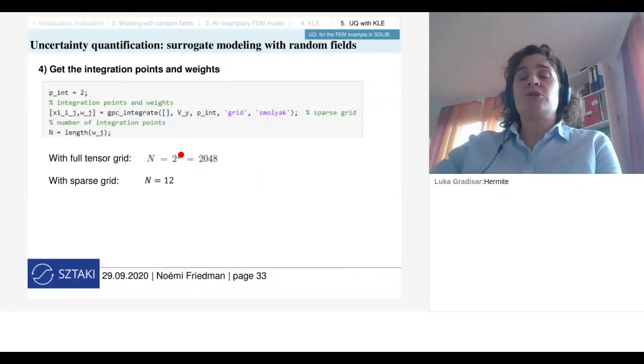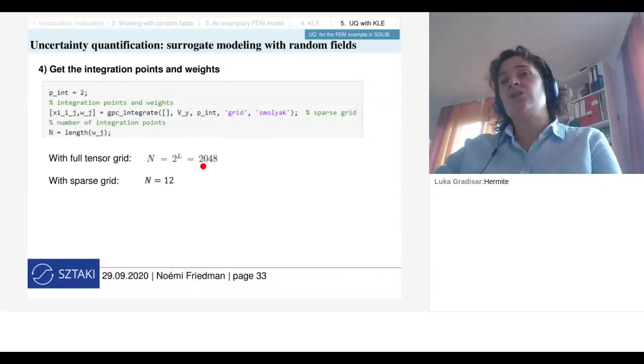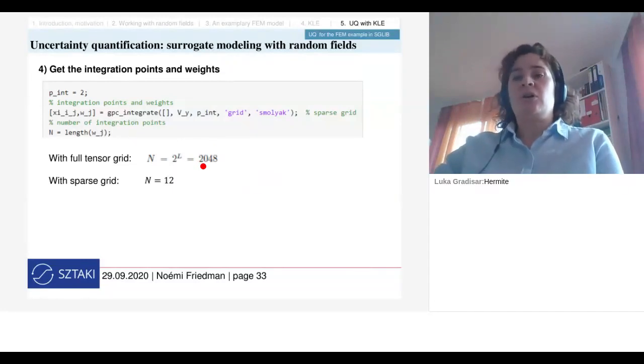Is it worth to use the sparse grid? And my answer is of course. If I want to use only a 2-point integration rule, then I would have 2048 points, because here the computational cost of the deterministic solver was really high. We didn't want to run this many points.